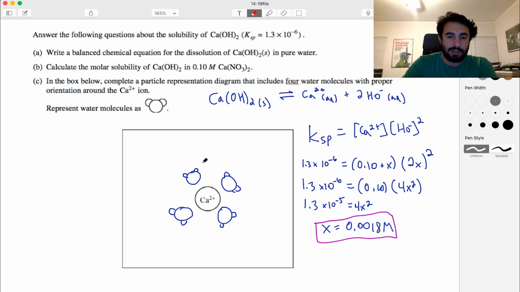Get your little Mickey Mouse ears away from the calcium ion because these are the interactions that are happening. Right? Calcium 2+ is interacting with the partial minus side versus the partial plus side of the water molecule, right? Water's got a net dipole, so that's how it's going to orient. So this is a pretty cool one. We're talking about molar solubility, KSP, and a little bit of ion dipole interactions.